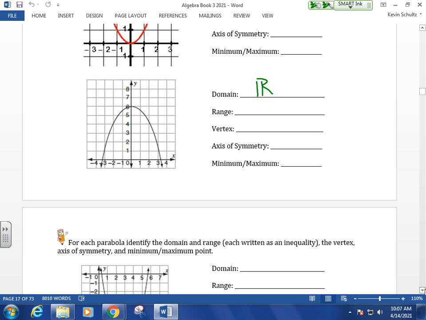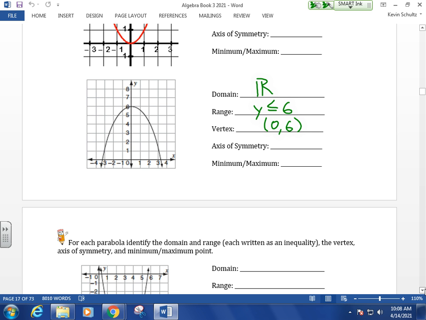What y values are included in this parabola? Good. Y is less than or equal to 6. Starting at positive 6, everything 6 and below is part of the parabola. Everything above 6, not part of the parabola. Okay. What's the vertex point? 0, 6.